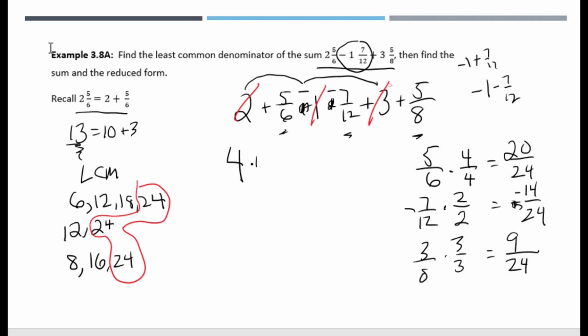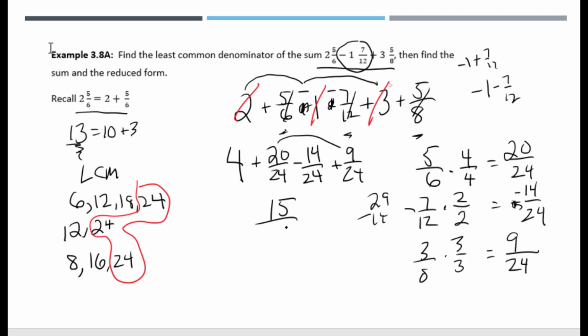So 5/6 becomes 20/24 minus 14/24 plus 9/24. That changed all these. So I'm going to add these first, right? Add the positives up. 29 minus 14 is 15/24. So there is my answer.